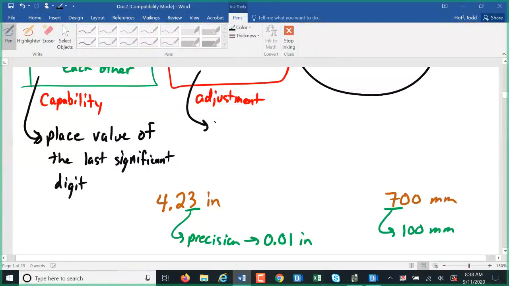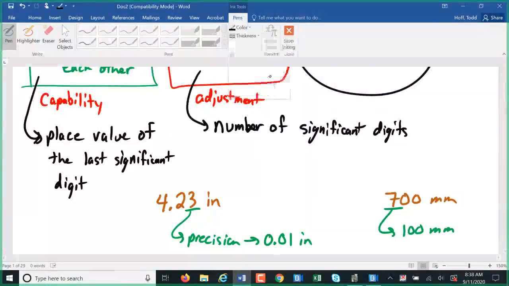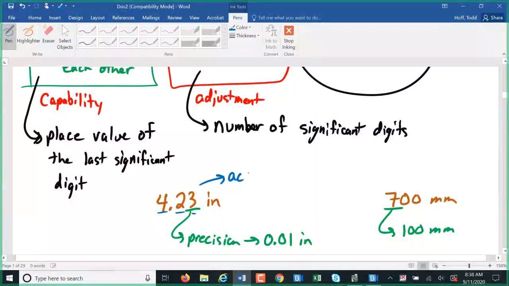Accuracy is the number of significant digits. So this one here, 1, 2, 3, is accurate to 3 significant digits.